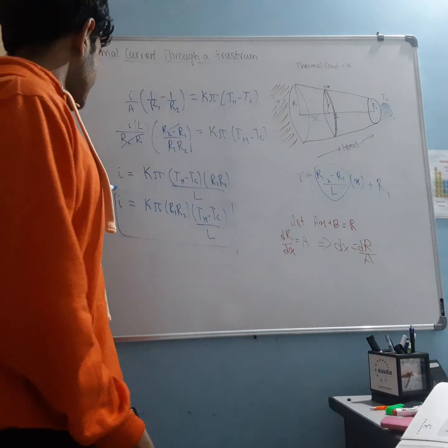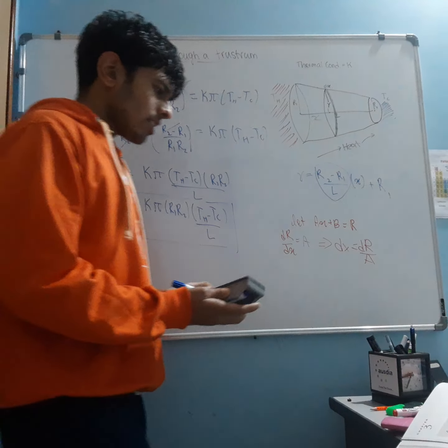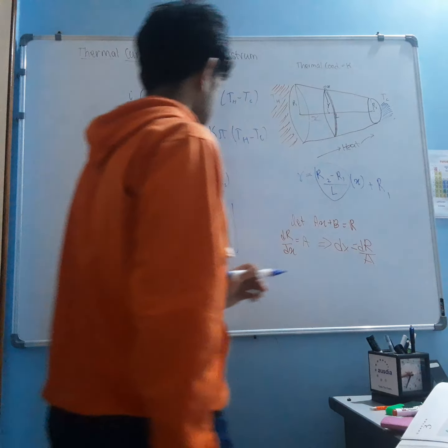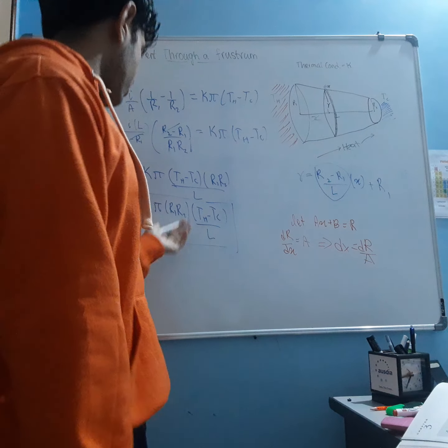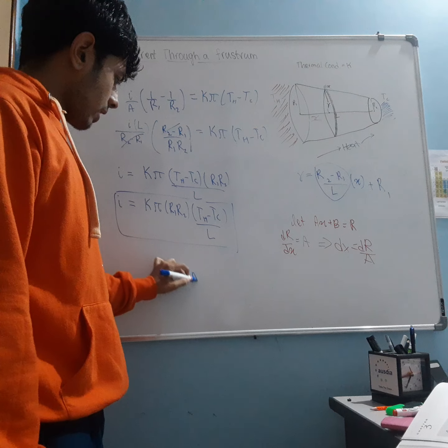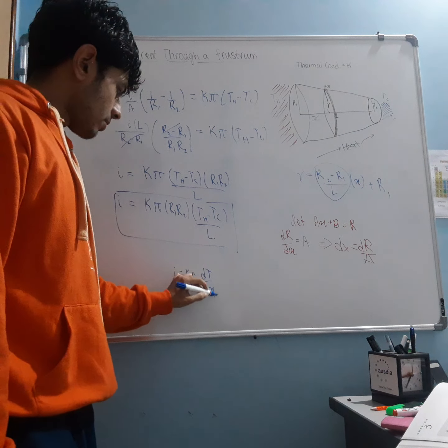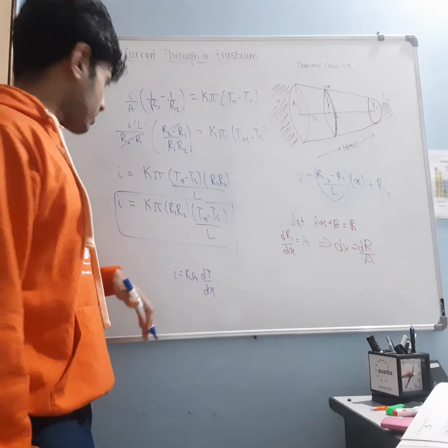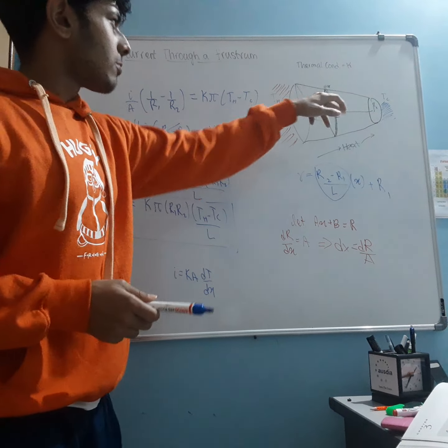We can verify this by checking some special cases. We know that the general formula is I equals K A dT upon dx, where A is area. Let's consider a case where R1 equals R2.